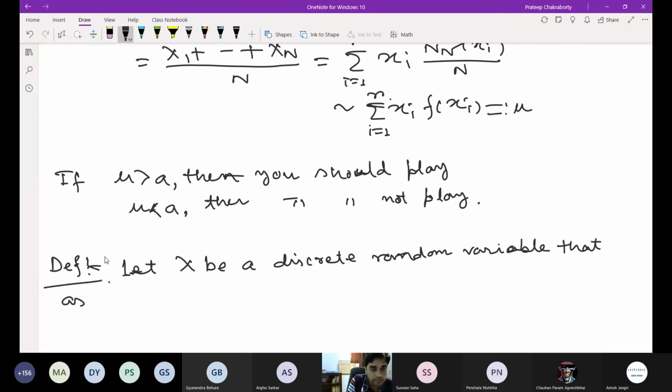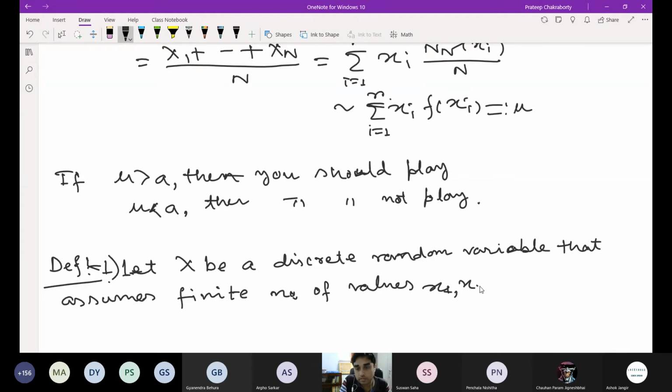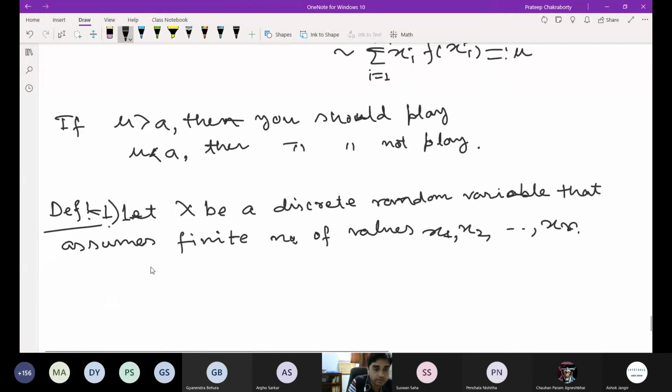This is our first definition. Here x assumes only a finite number of values x1, x2 to xr with density f. This is a discrete random variable.